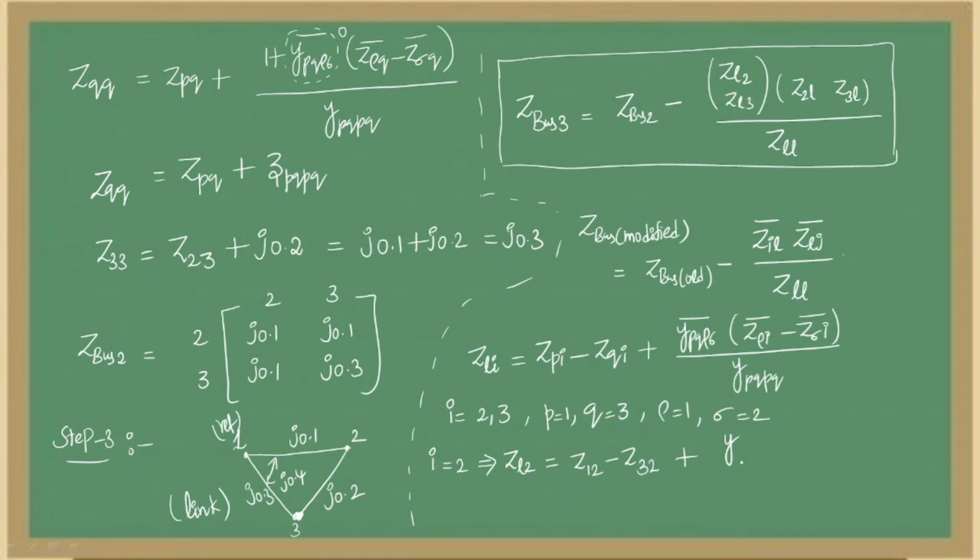So I can write this as Y_13,12. Okay. So PQ is 1 3, rho sigma is 1 2.